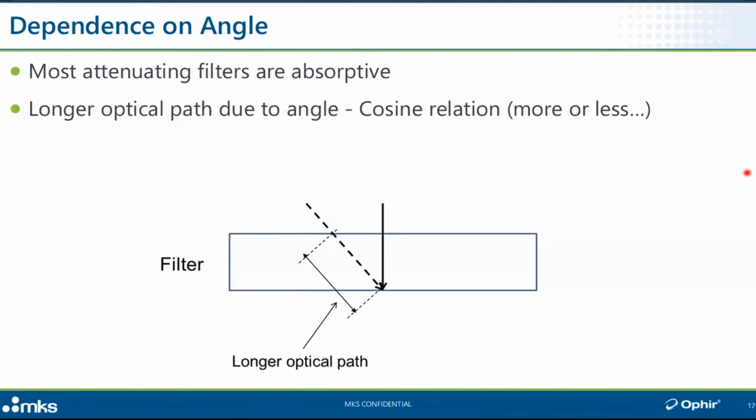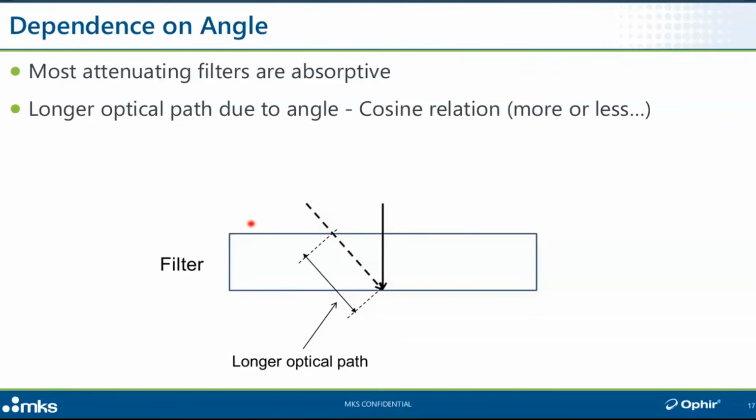And that means that light coming in at an angle is going to be moving through a longer optical path than light coming in at normal or vertical incidence, because it's moving through a longer optical path through an absorptive attenuating filter. It means more of this light is going to get absorbed, which means less of this light is going to reach the detector. So it started off as X milliwatts, but only maybe 80% of X reaches the detector. So the detector is going to be measuring a wrong value. Okay, so that's something important to keep in mind.